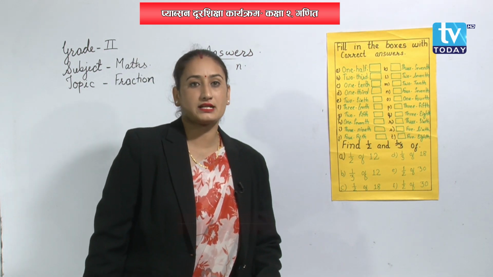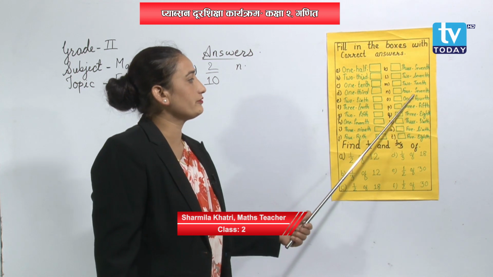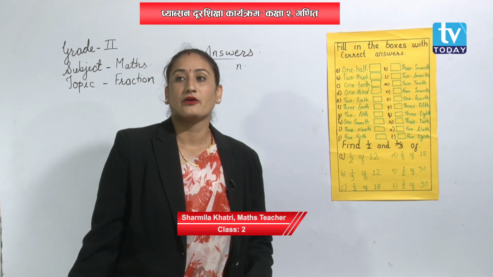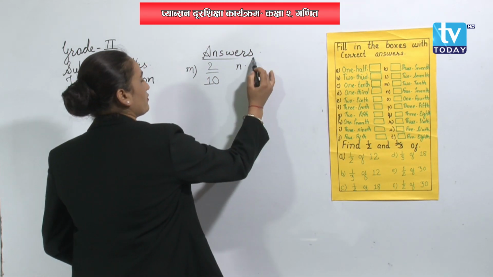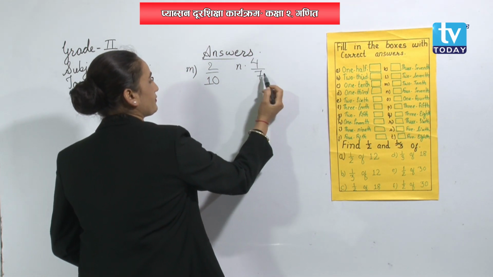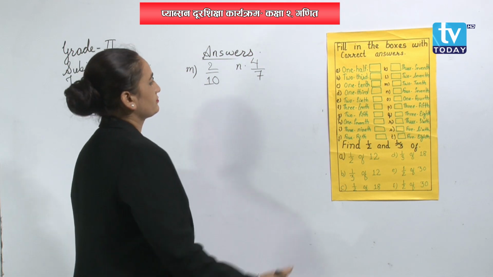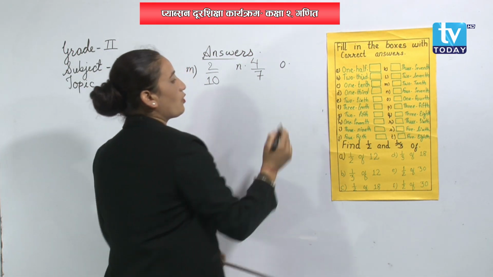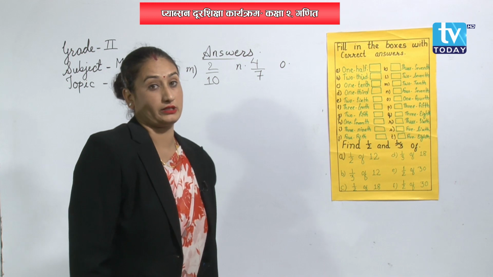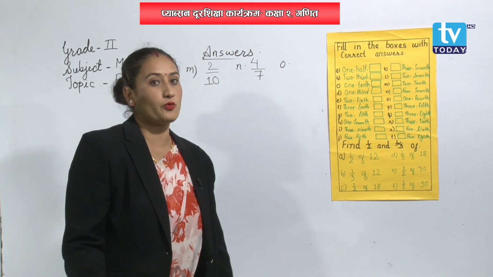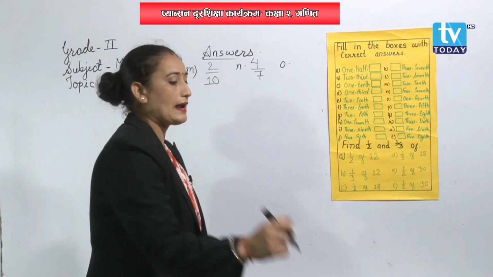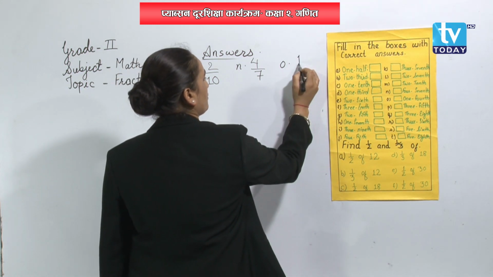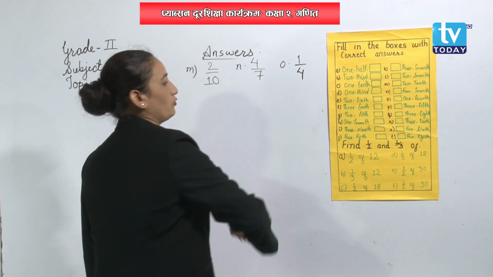How many parts are shaded over here out of 7 parts? 4 parts are shaded. So, you have to write 4 by 7. 1/4. Out of 4 parts, how many parts are shaded over here? 1 part. So, please write down 1 by 4.